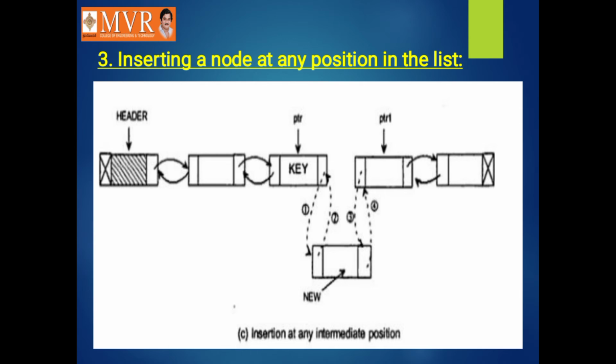PTR is a pointer which starts at the header and moves on, and there we identify the place where we want to insert, place the new node there and establish the links. These links are shown here in the figure using the dotted lines, and the numbers are specified 1, 2, 3, 4, that is the links are established in that order. This is the insertion of a node at any position of a linked list.